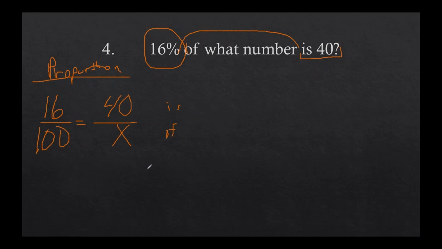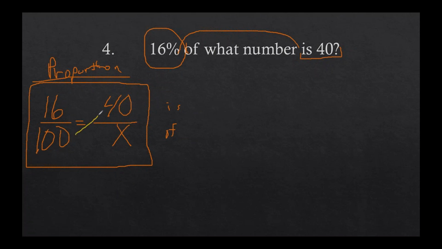"Of" would give me x in the denominator. We don't have to change that percent to a decimal, Amber, because we wrote it as a fraction, so we've already manipulated it. So we have successfully set up our proportion. The percent of 16 goes over 100. "Is," the number 40, follows and goes on top, and then we have x.